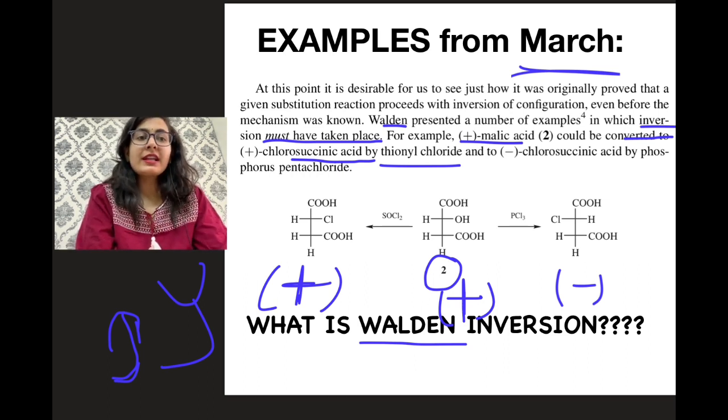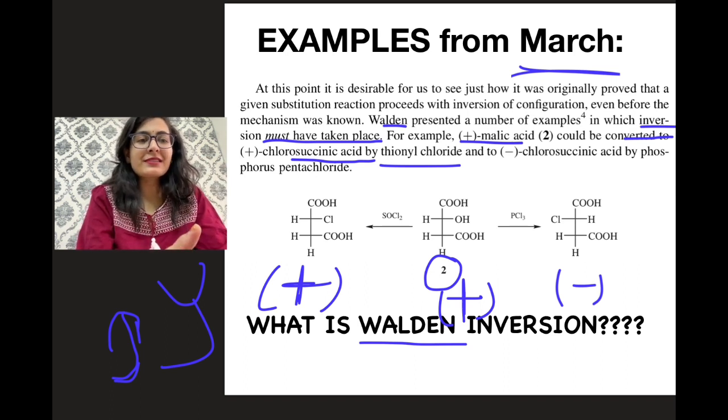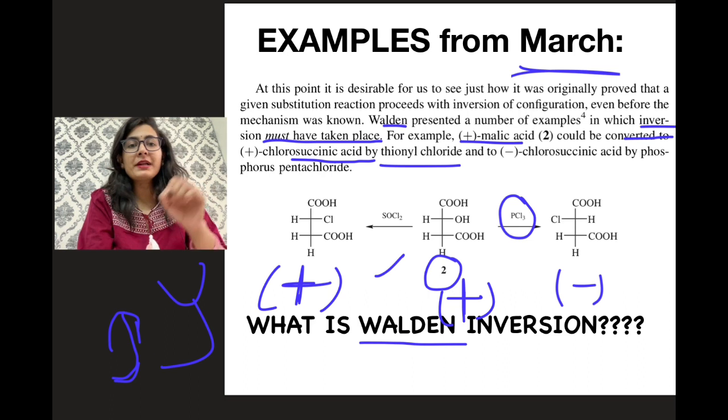So while we are using SOCl2, we are getting the SNi mechanism, that is substitution nucleophilic internal. It is a different type of mechanism which is not seen for many molecules. For very few it is seen, and we will discuss that. So this one is going through SNi mechanism, and this is PCl5. If we are taking it, it is simple inversion.